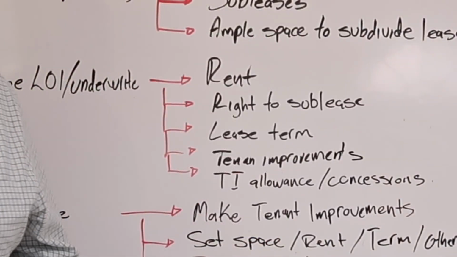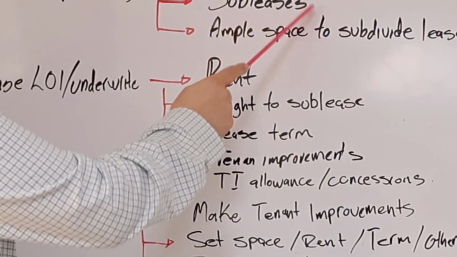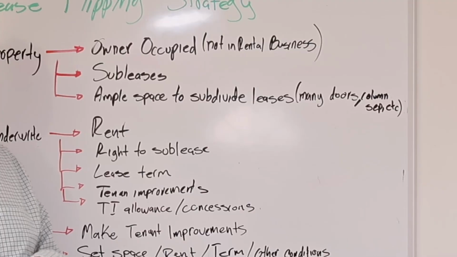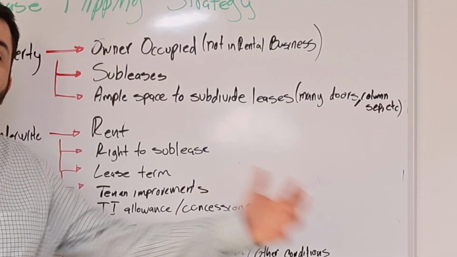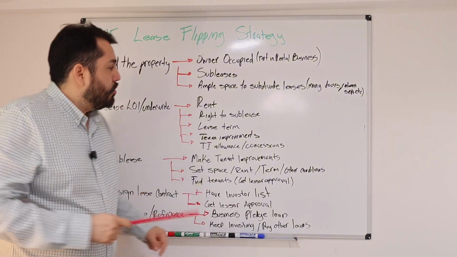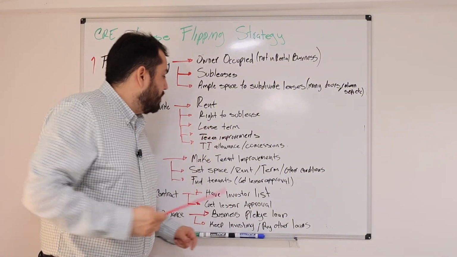Also, you need to find out the remaining term. If this is a sublease, the lessor already has a lease. For example, they have a 10-year lease and the remaining time is 8 years, so they can only rent you for 8 years.